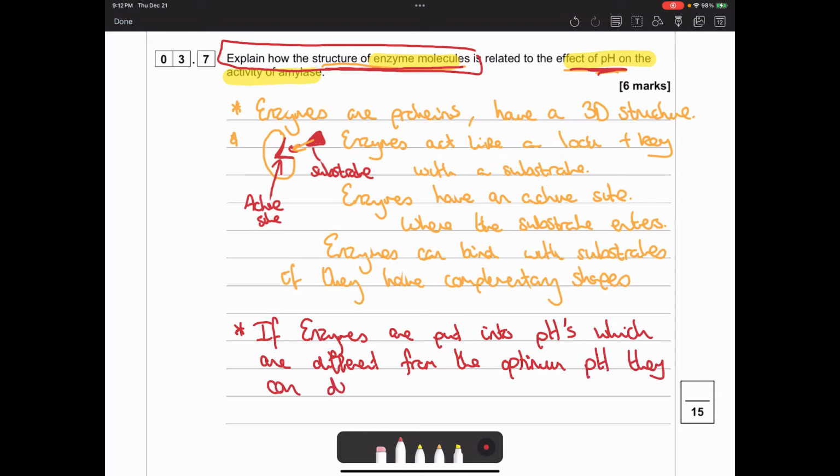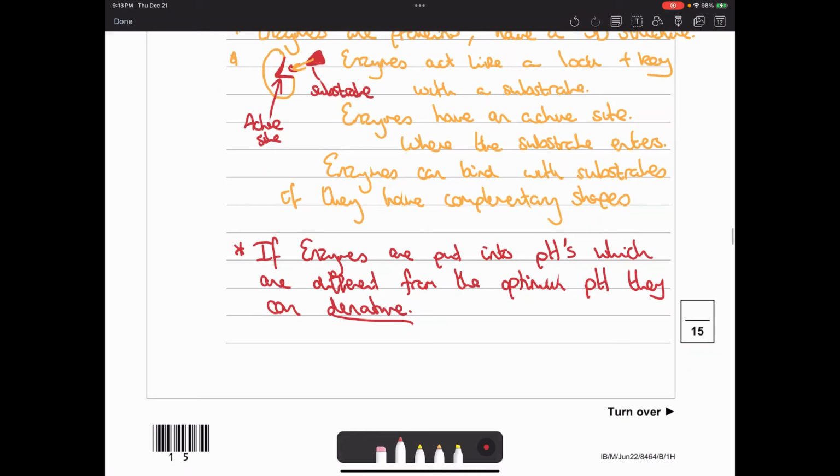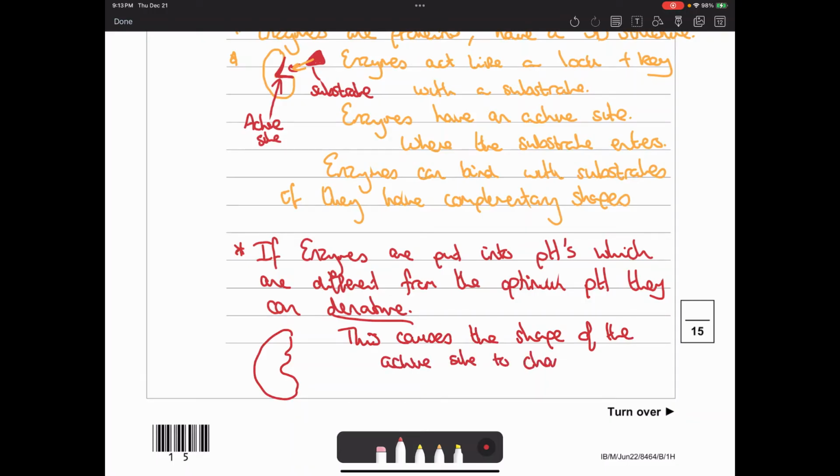they can, and the key word you need to say is denature. So remember, denaturing is when your enzyme basically loses its shape, it breaks down. It doesn't die because they're not alive, but it denatures. This causes the shape of the active site to change.